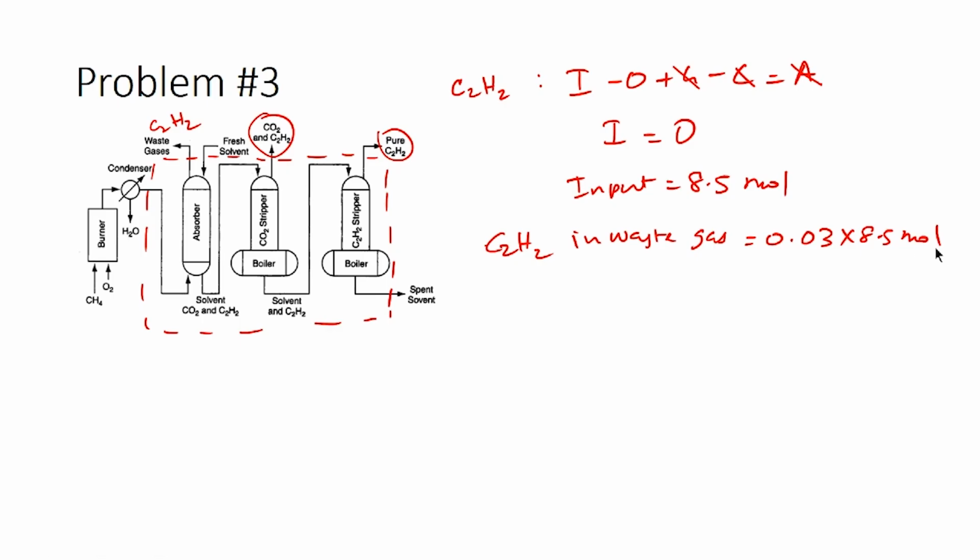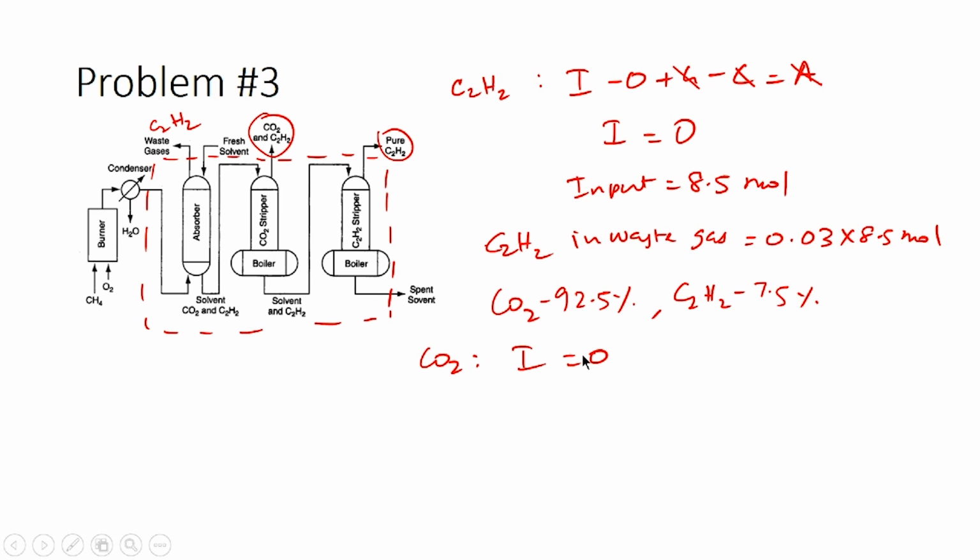Now the next exit stream is acetylene leaving along with carbon dioxide from the CO2 stripper. The information we have is that CO2 constitutes 92.5% and acetylene constitutes 7.5% of this stream, and we know that CO2 is not leaving the system through any other stream. So, all the CO2 which is entering would have to be leaving only through this stream. If we write a CO2 balance, we have input equals output, and the output would be only through this stream.